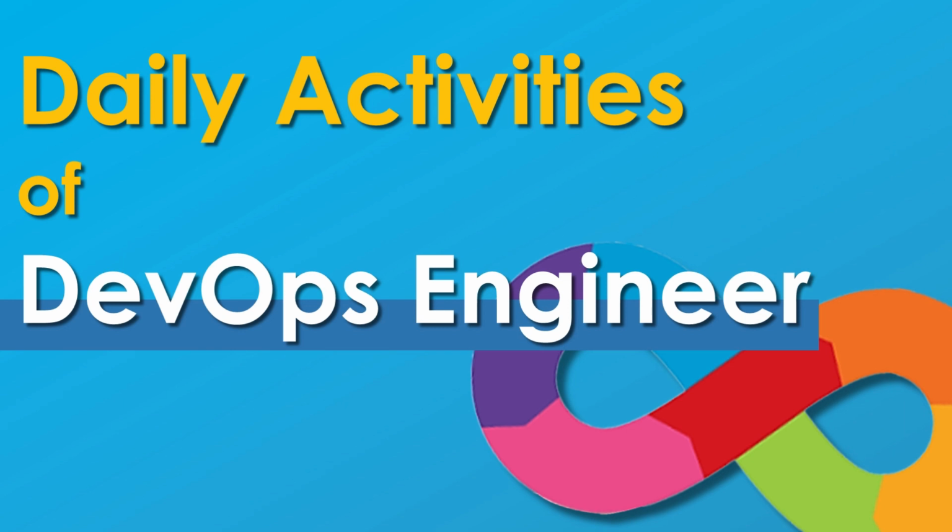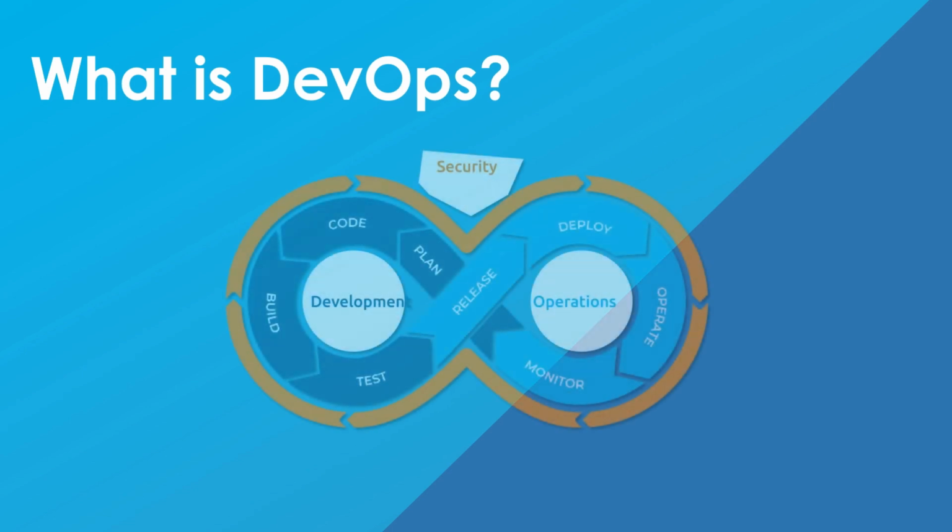First of all, let's see, what exactly is DevOps? DevOps is the collaboration between development and IT operations to automate the production and deployment of software in a repeatable manner. DevOps helps increase an organization's speed in delivering software applications and services.